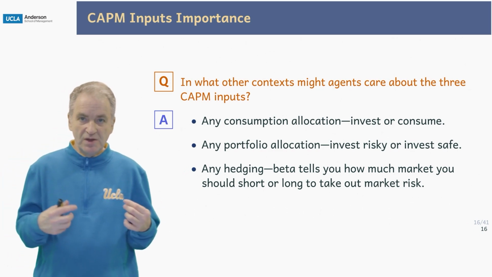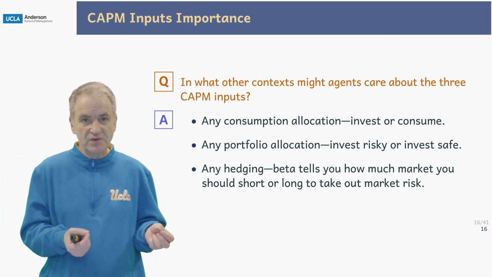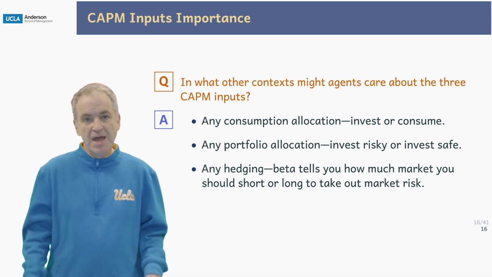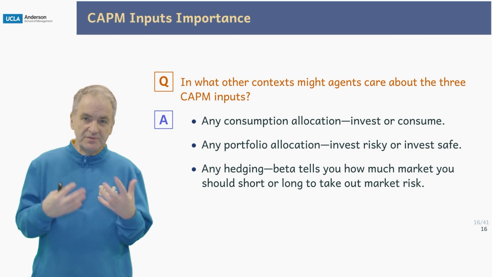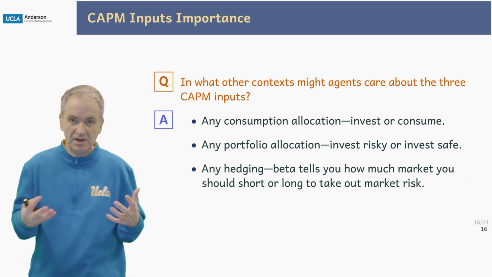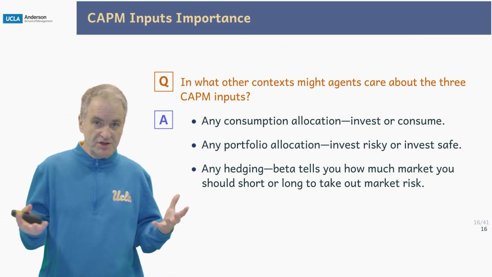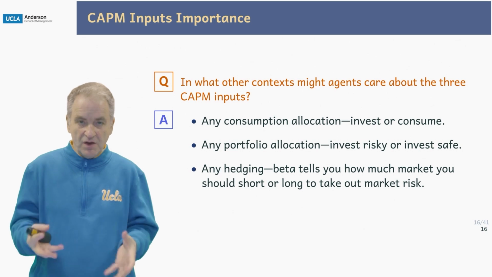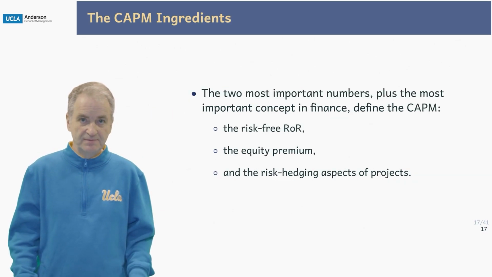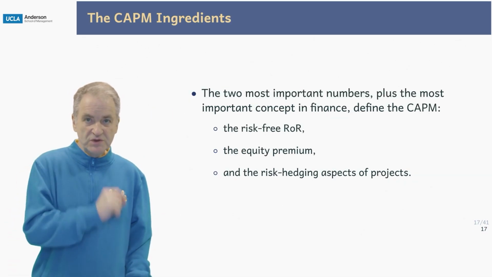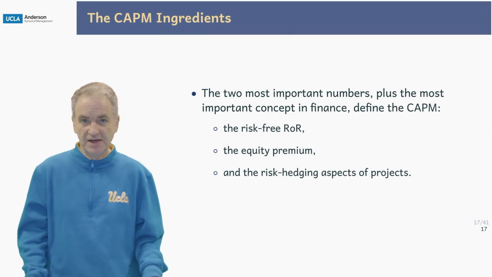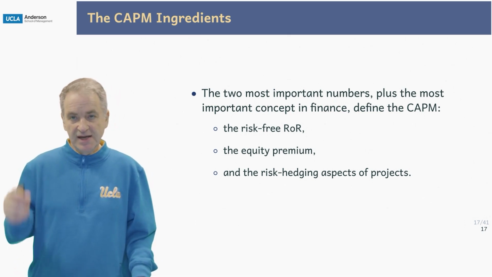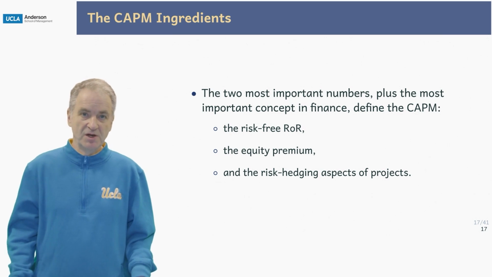Any decision on whether to go risky or safe is related to the equity premium. And any hedging, that is anything that tells you how exposed you should be to the market, or how exposed an individual project is to the market, is all in this formula as well. So it's got the two most important numbers in finance, plus the most important concept in finance, which is risk hedging, and that is the Capital Asset Pricing Model.